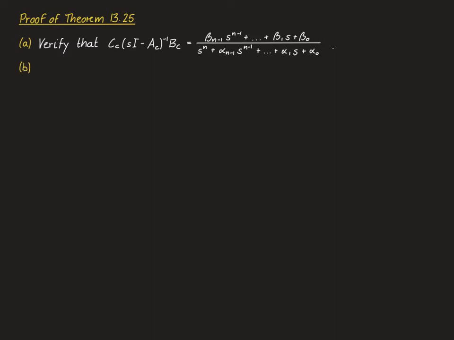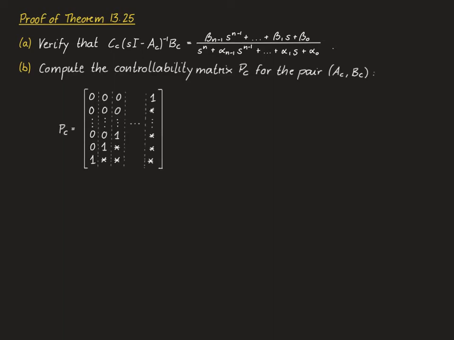Then, for part B, we have to show that the state space model in equation 43 is controllable. To do this, we compute the controllability matrix that we call PC for the pair AC-BC, which leads to a matrix that looks like this, having all ones on its diagonal, all zeros in its upper left triangle, and some values in its lower right triangle that are indicated with a star.